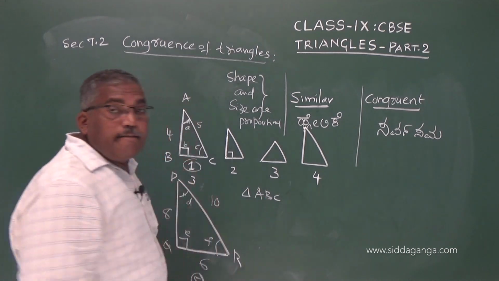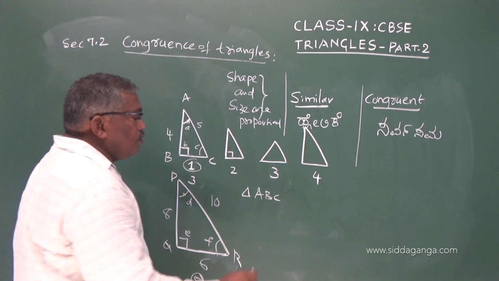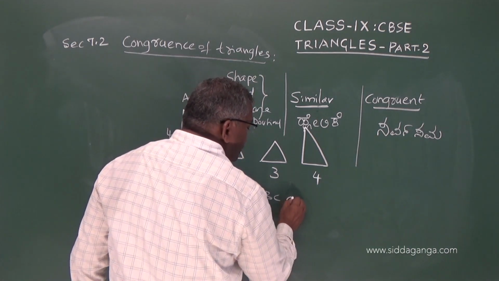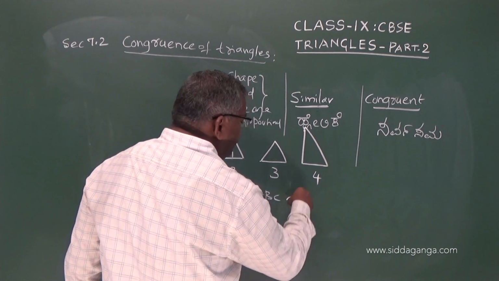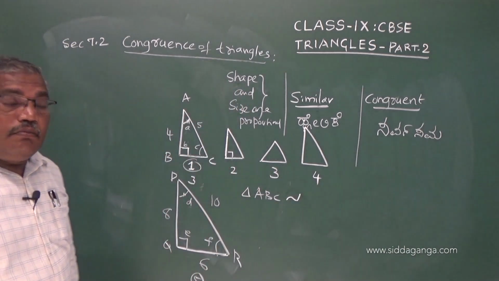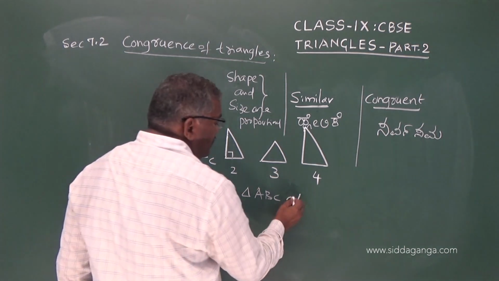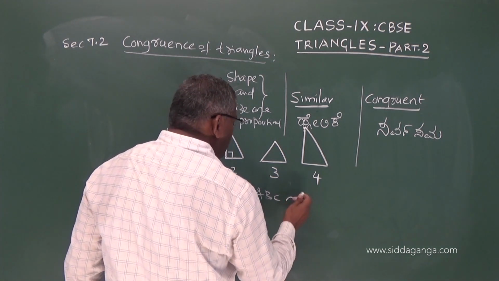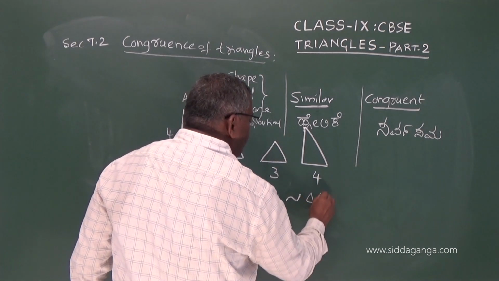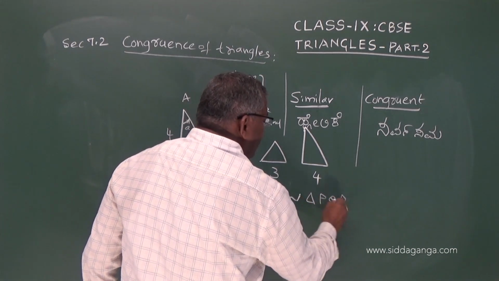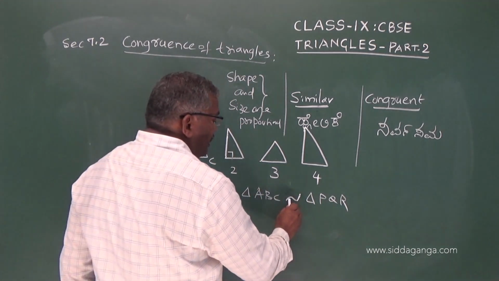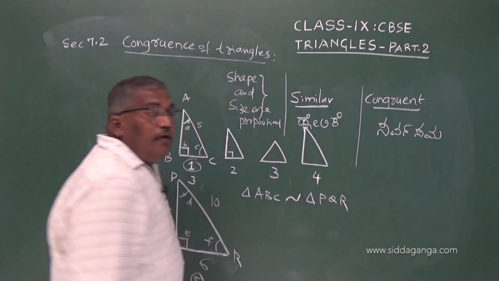Triangle ABC is similar to, we write it like this, a mathematical notation of similar, some horizontal S type, some slant S type, similar to triangle PQR.